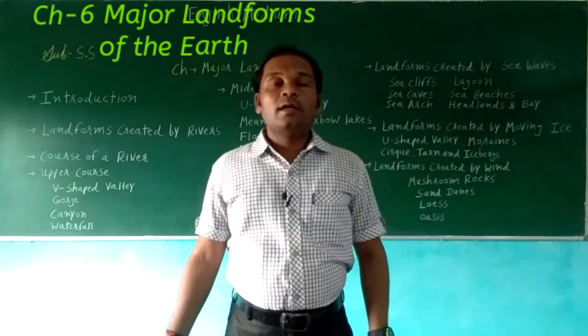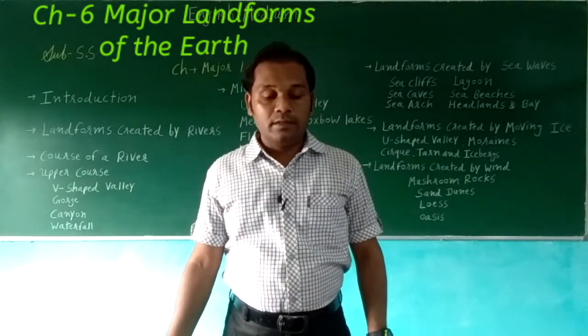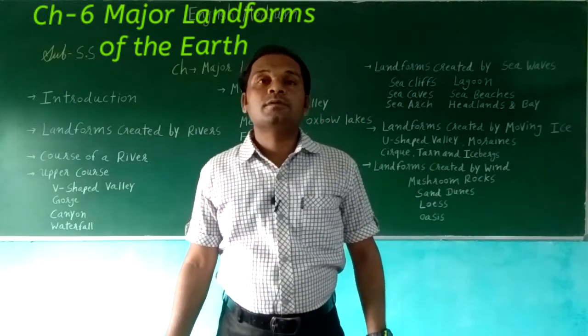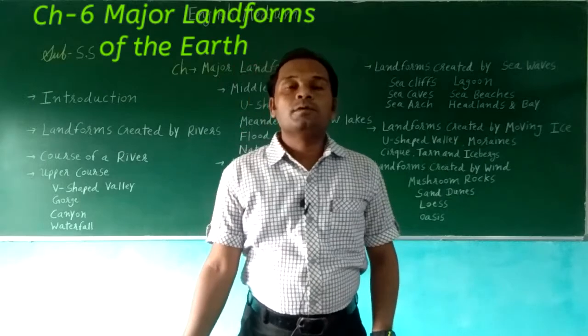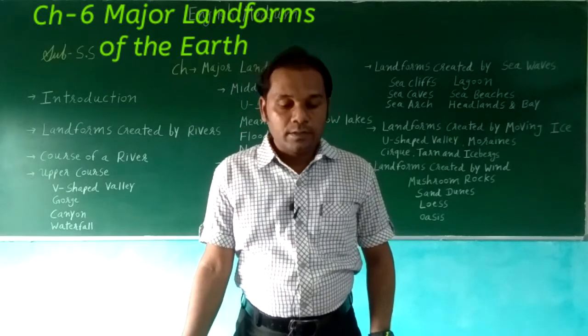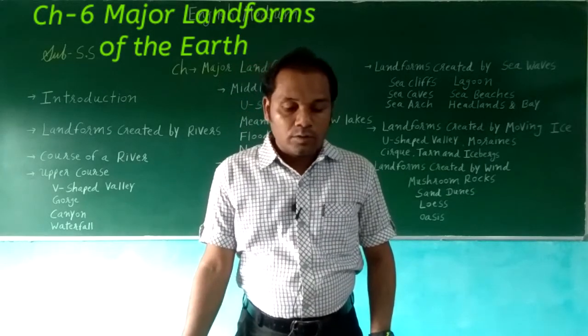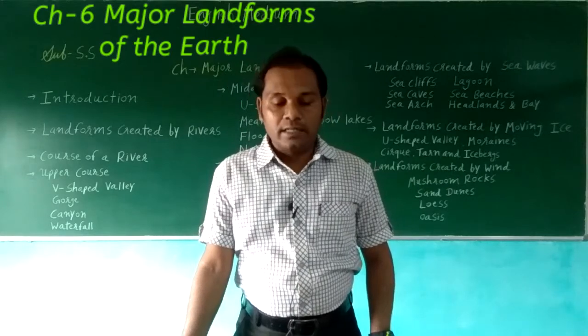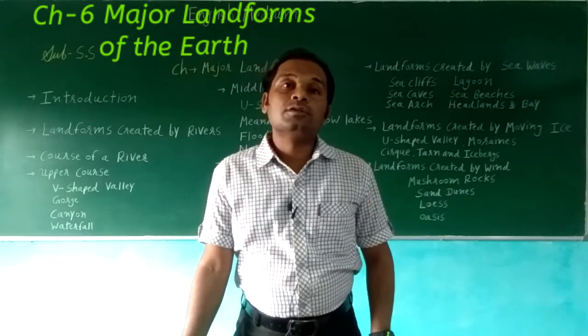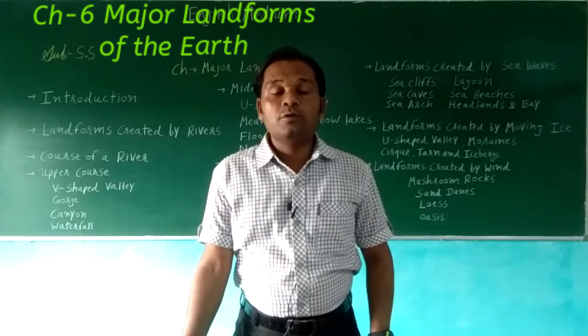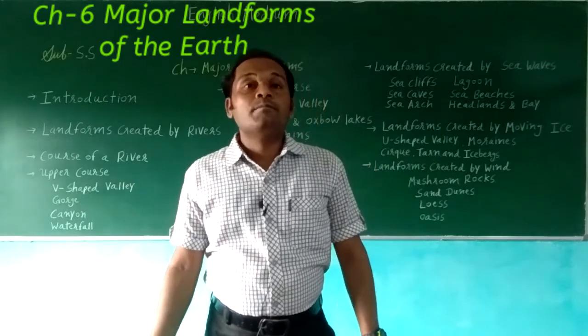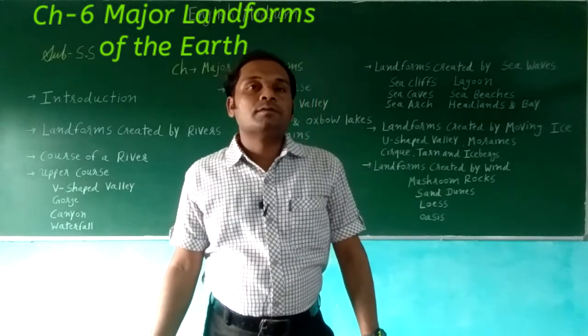So now, landforms created by the sea waves. There are some landforms created by the sea waves. Coastal landforms are shaped by the erosion and by the deposition work done by the sea waves.